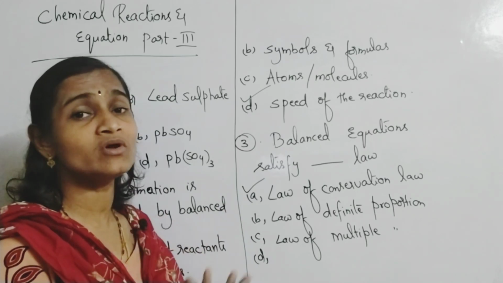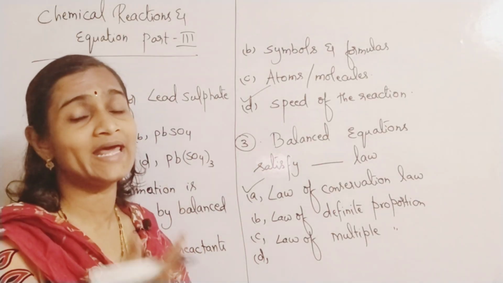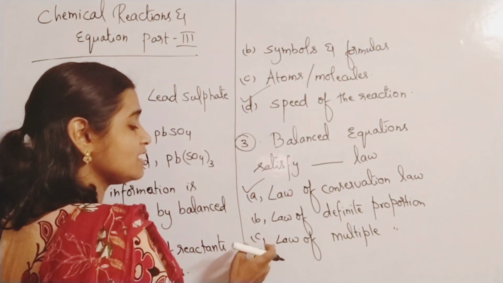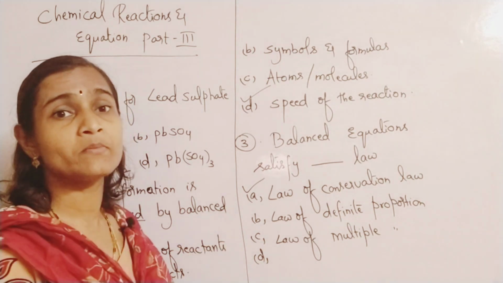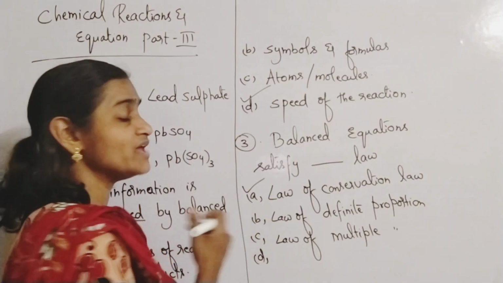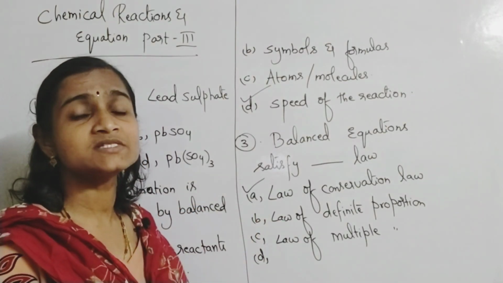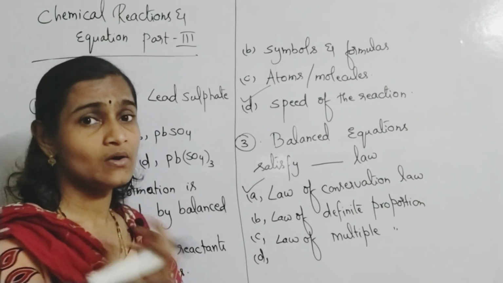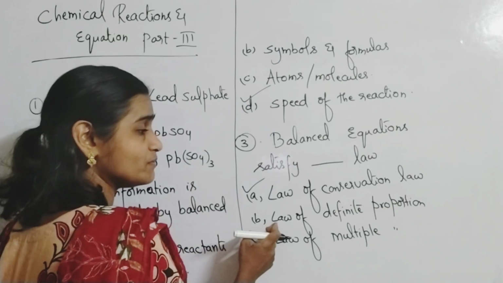And how many compounds are formed if two or more elements are reacting can be understood with the law of multiple proportions, whereas the law of definite proportions tells in what ratio atoms combine to form molecules or compounds.